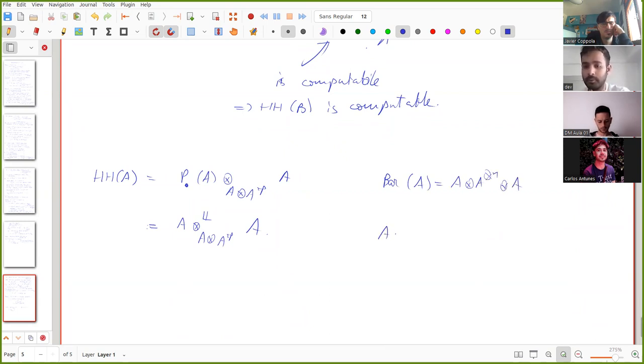So the derived tensor product of A over itself, let's take A commutative so that I don't need to write op, this is just by definition the chain complex, and then you tensor over A. This should be an A tensor A. So it's just this chain complex.